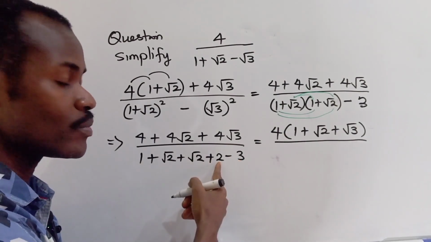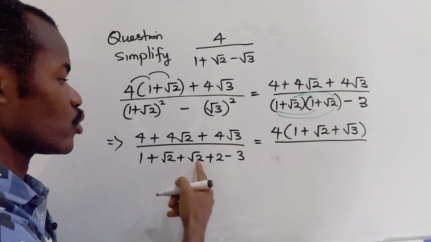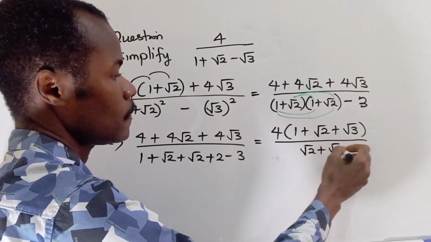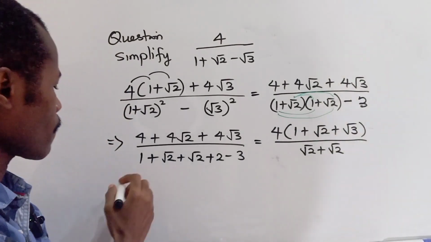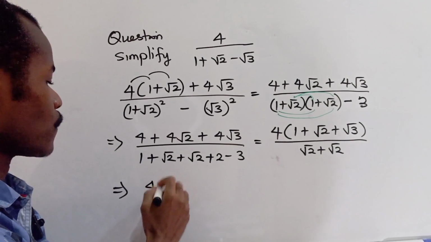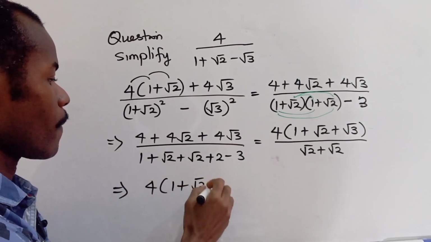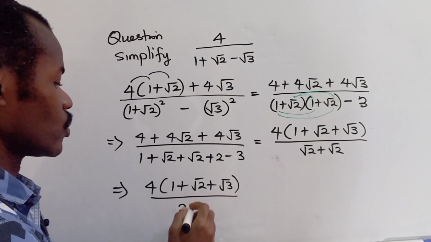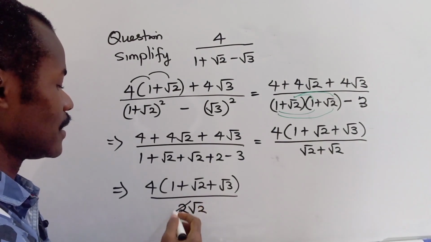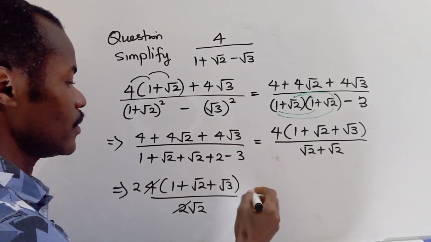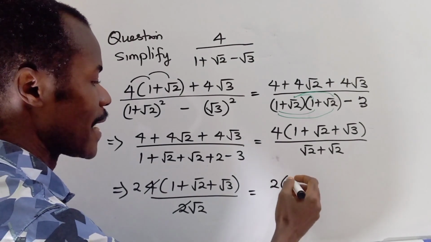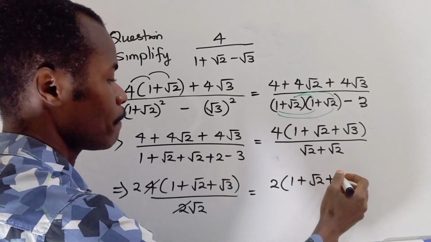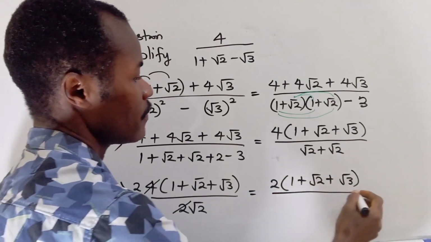So we have root 2 plus root 2, which gives us 2 root 2. Now the 2 here can cancel out with the 4, so we are left with 2 multiply 1 plus root 2 plus root 3, divided by root 2.